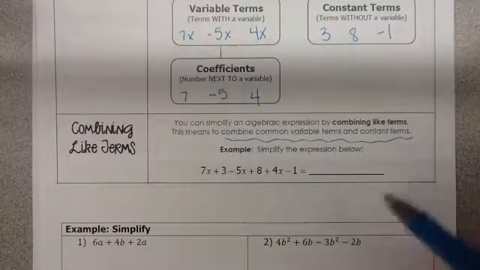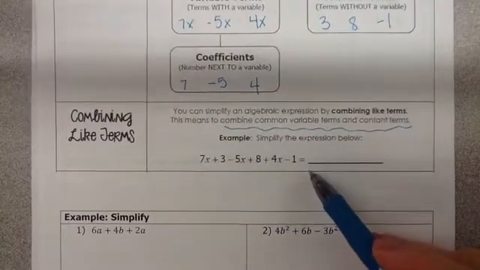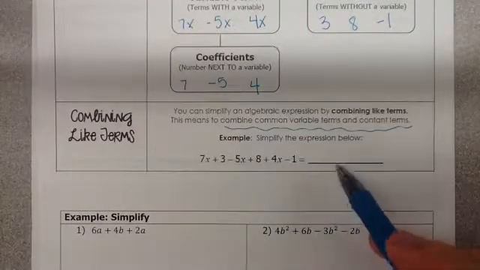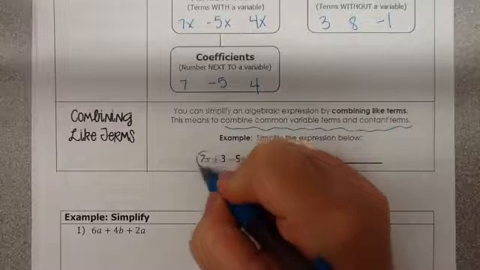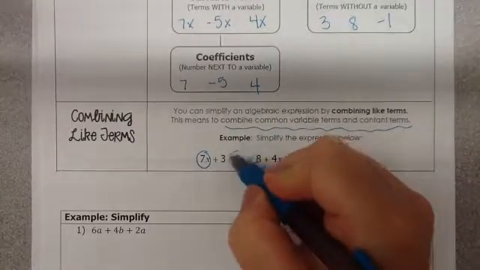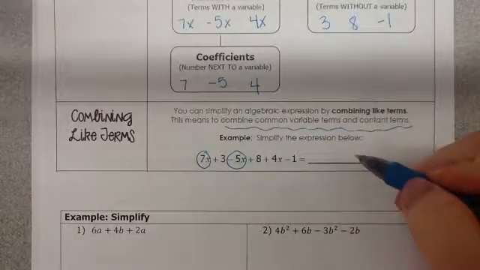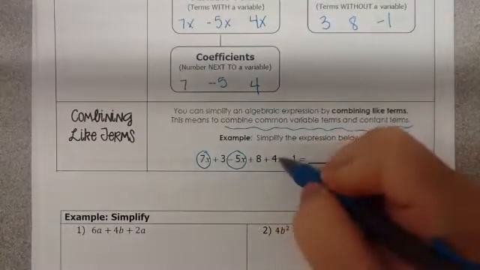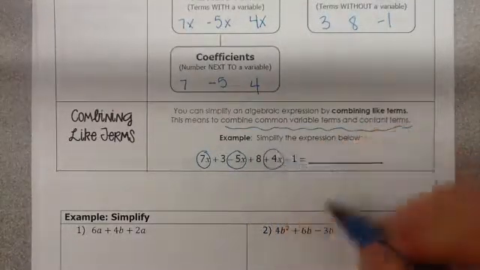So here, if I'm going to simplify, I'm going to put together the pieces that match. So 7x, what goes with 7x? Negative 5x, and lastly, plus 4x.